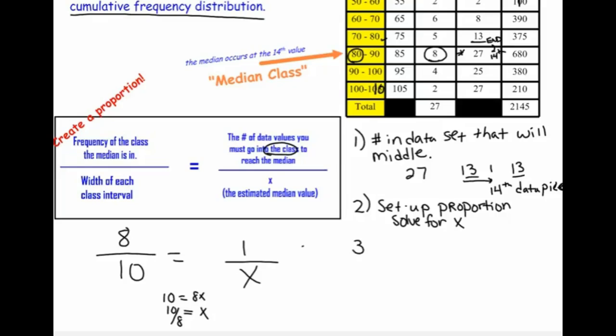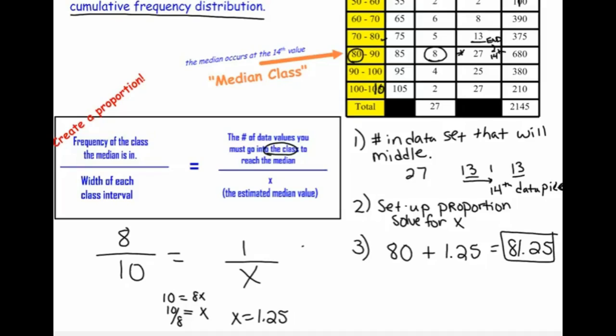Now my third step is, that x value turned out to be 1.25, right? That's how far into that class the 14th data piece would be. So I'm going to take 80 plus my 1 1/4 that I just estimated and say that my estimated median is 81.25.